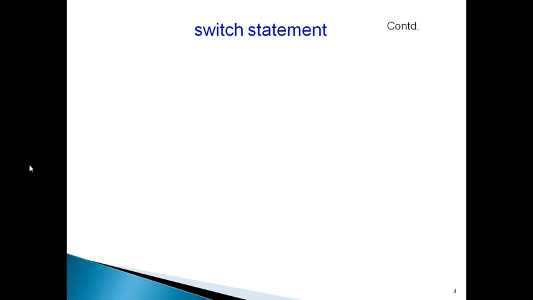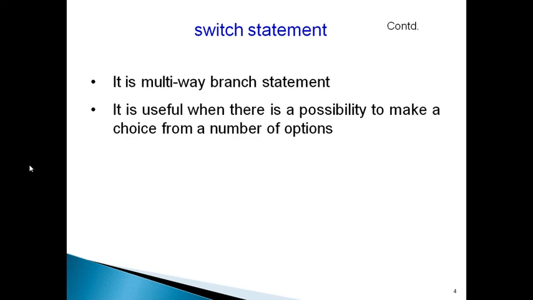Now, what is switch? It is a multi-way branch statement. It is useful when there is a possibility to make a choice from a number of options. This point is very important.